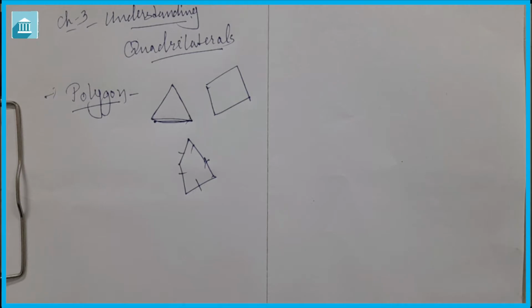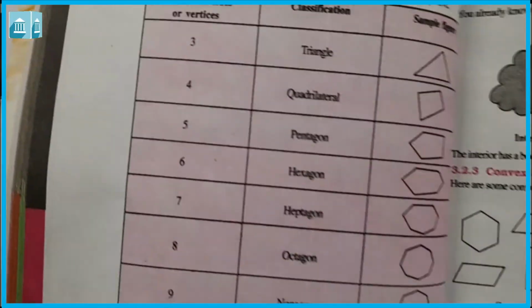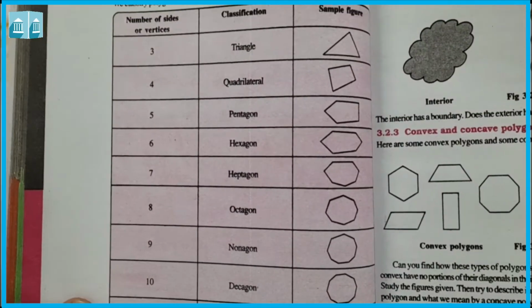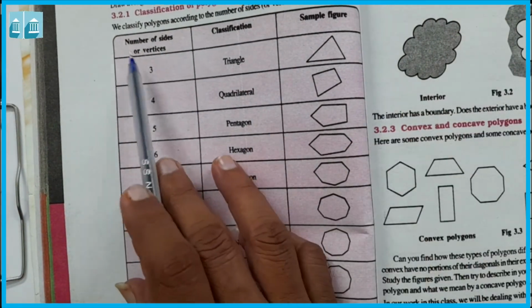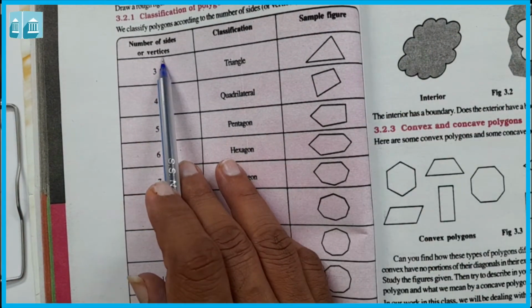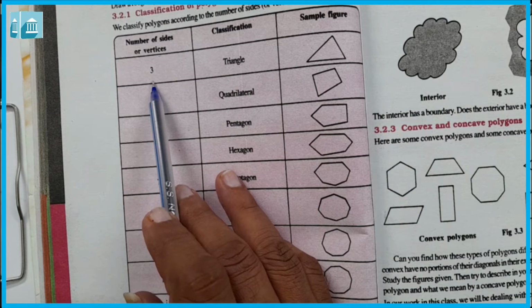Now let us see the classification of polygon. In your textbook the classification of polygon is given, by number of sides or vertices.